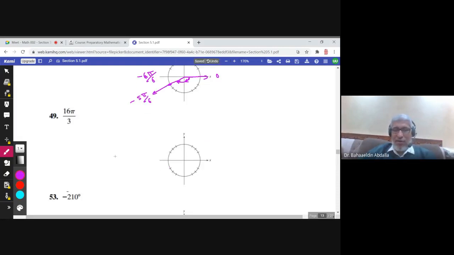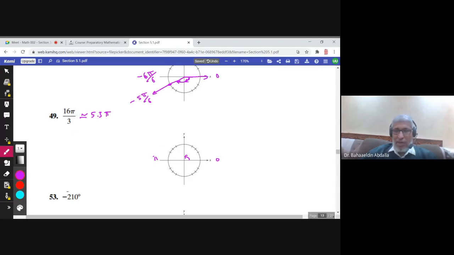16 pi over 3. Oh, this is a very large angle, 16 over 3. If you divide 16 over 3 by calculator, 16 divided by 3, you get 5.3. So remember, this is 5.3 pi approximately. Which means we will go 5 pi. If you start from here, you go in the positive direction. This is 0.